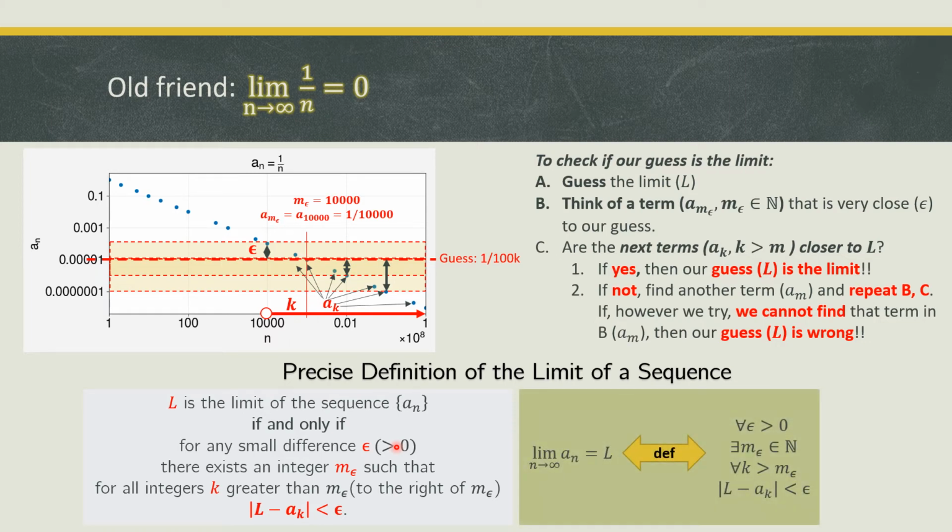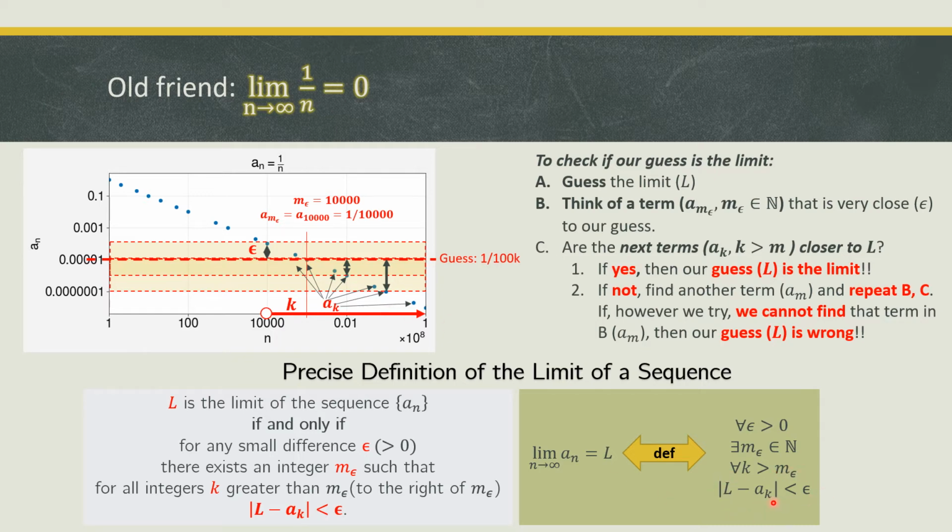So mathematicians write it this way in a more concise manner. The meaning of this expression is that for all epsilon greater than 0, there exists an integer or a natural number m sub epsilon such that for all k greater than m sub epsilon, that means to the right of m sub epsilon, this expression holds.